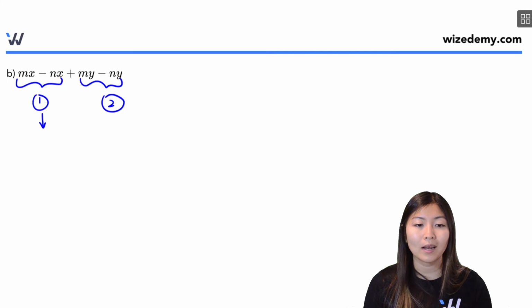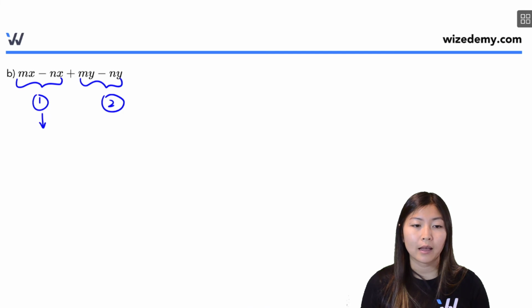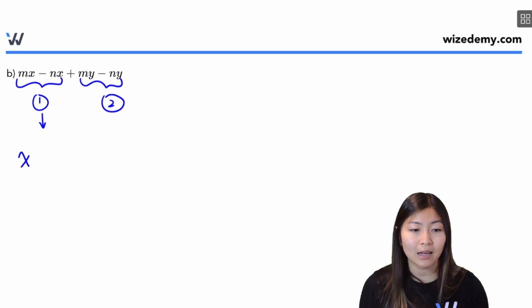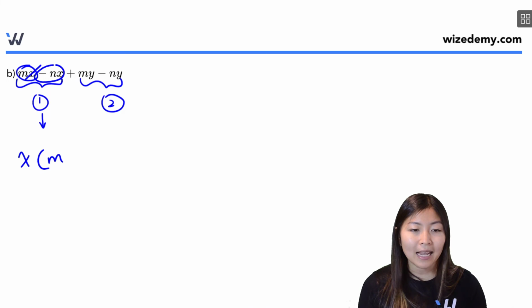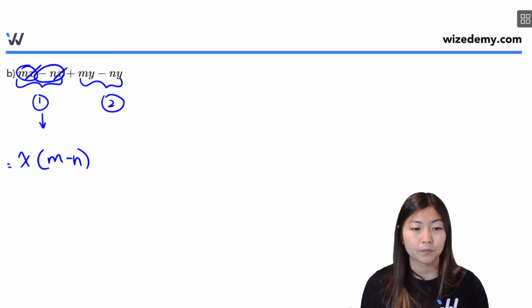So for my group 1, what is the GCF? Between m and n, there's nothing there, but they both have an x. So I'm going to factor out, meaning take out an x. What's left over? Well, for my mx, if I take out an x, meaning I divide it out, I'm left with an m. For my negative nx, if I divide out an x, I'm left with a negative n. So that's the first part.